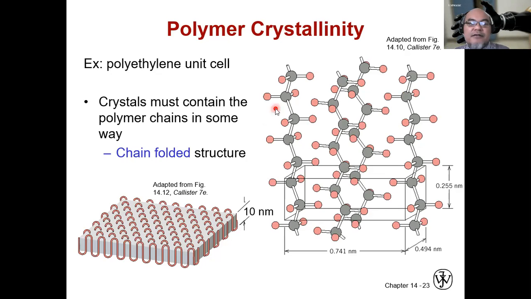So this is an example of polyethylene unit cells, where the crystals must contain the polymer chains in some way. In this case, the polyethylene chain is zigzagging, and then connected to another, and then somehow makes a long-range periodicity. Okay, this becomes its unit cell.